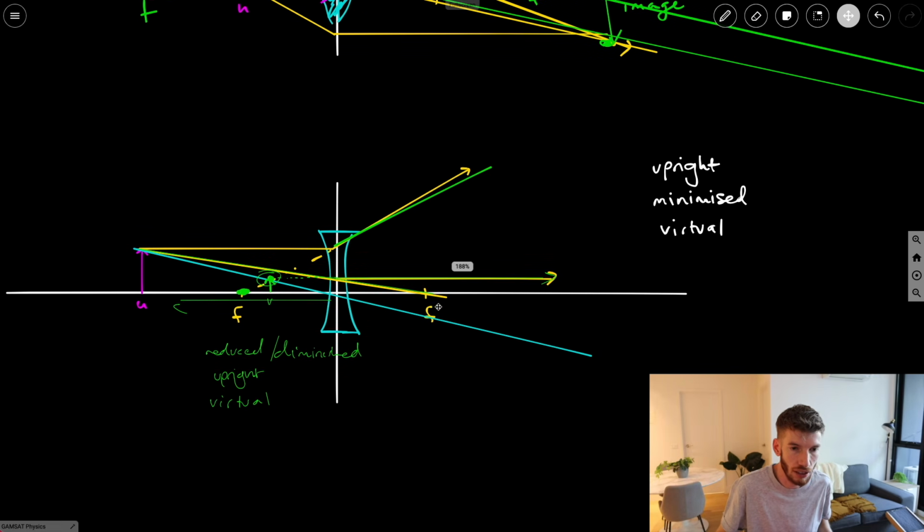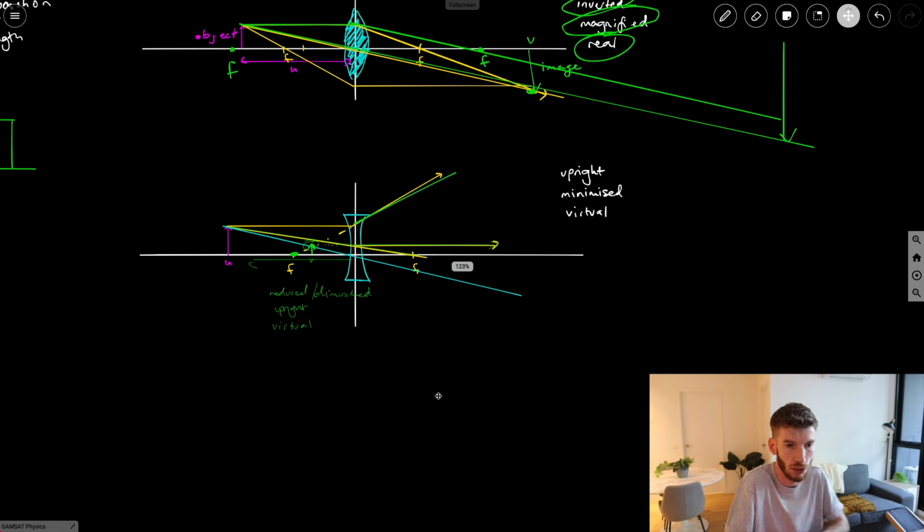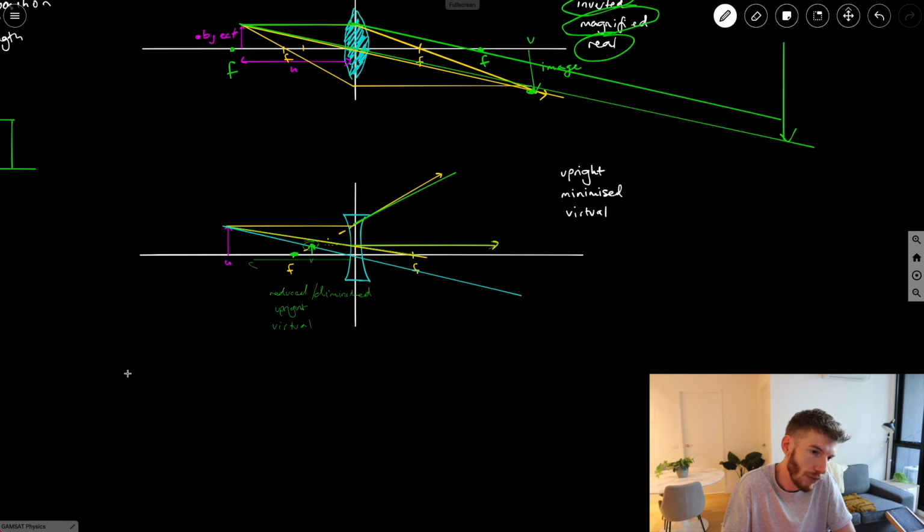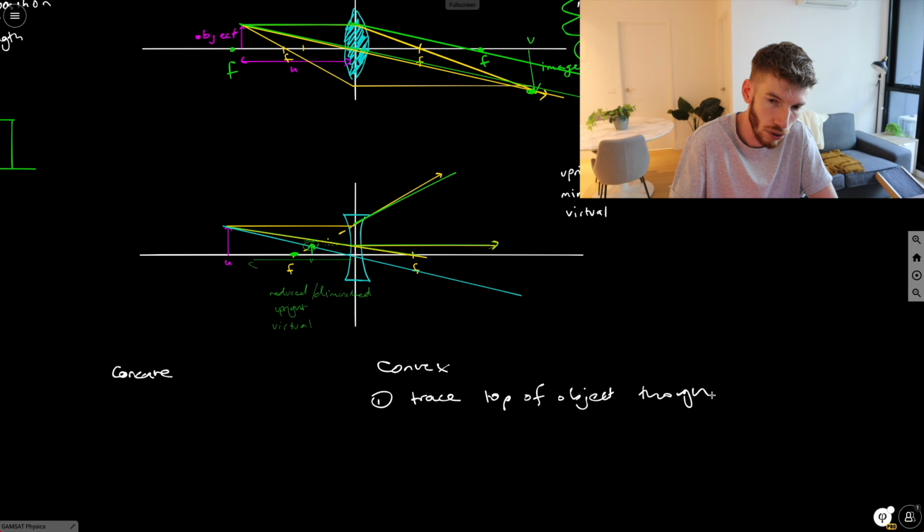So if we turn those into actual written steps, I don't know how well my handwriting will work with this, but if it's concave and convex, step number one, let's just do the one right through. So we'll trace from the top of the object through the origin, right? Because that will be exactly the same in both of them.